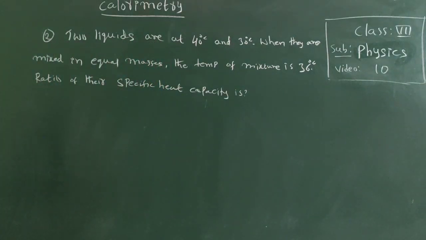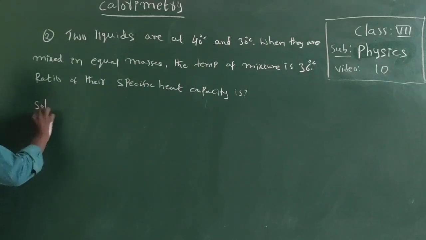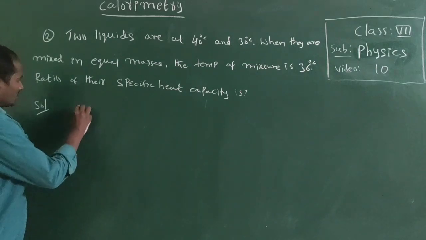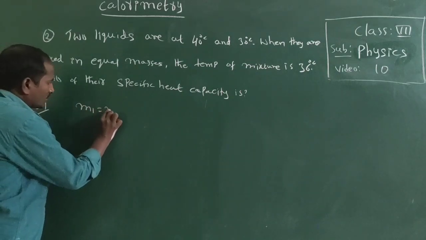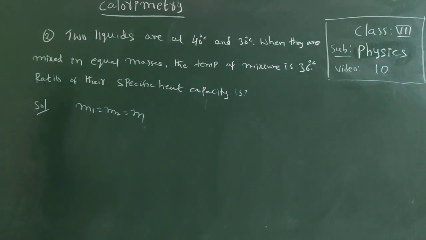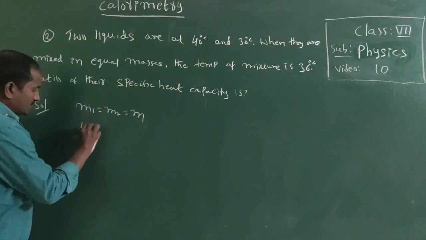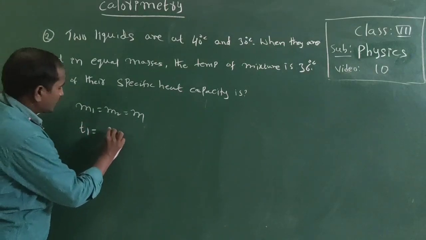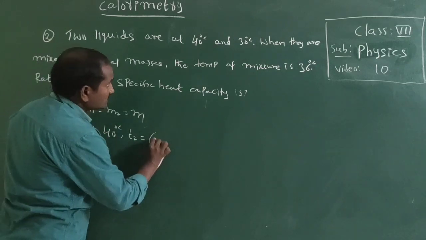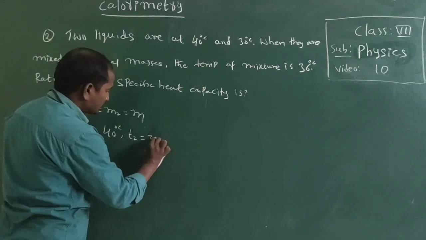So here, find the specific heat capacity ratio. Here m1 equal to m2 equal to m, two liquids with equal mass, T1 equal to 40 degrees Celsius and T2 equal to 30 degrees Celsius.